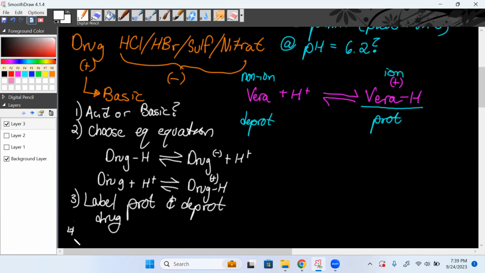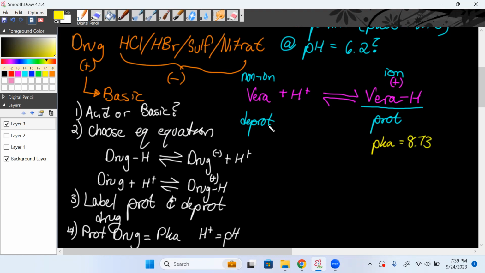And then next, we're going to label the protonated drug with the pKa given in the problem, and we're going to label H+ with the pH given in the problem. So the protonated drug should be 8.73, and the pH will be over here at 6.2.